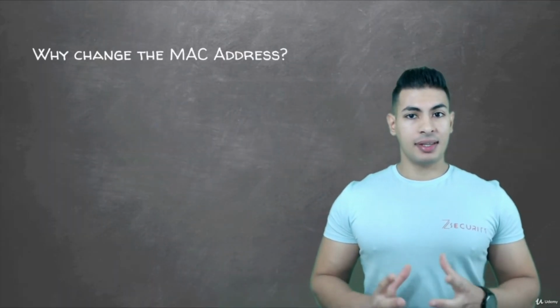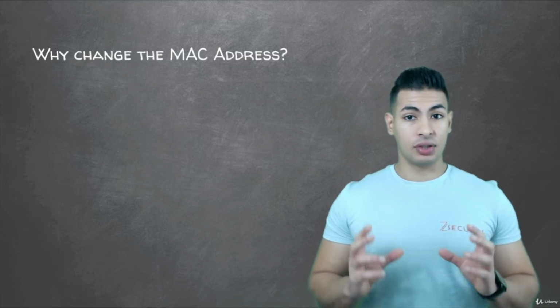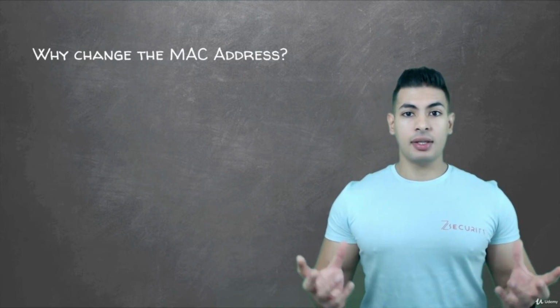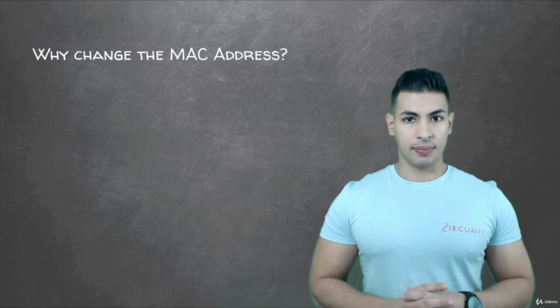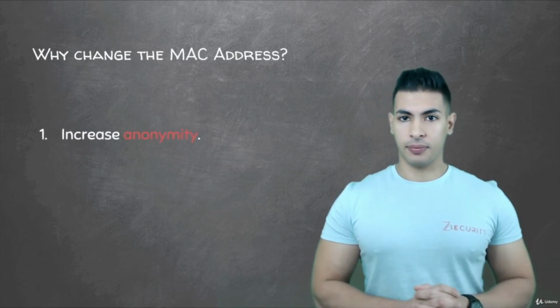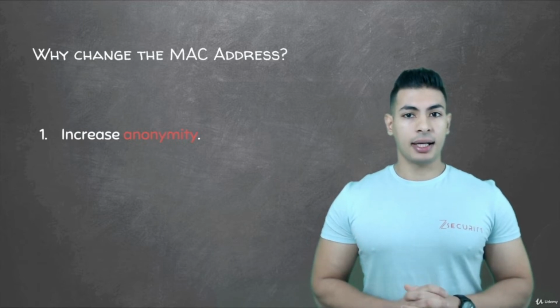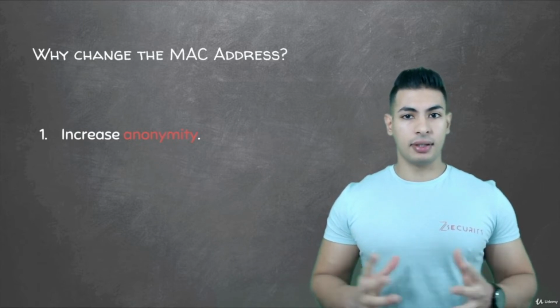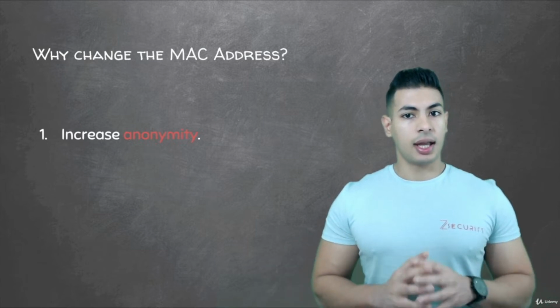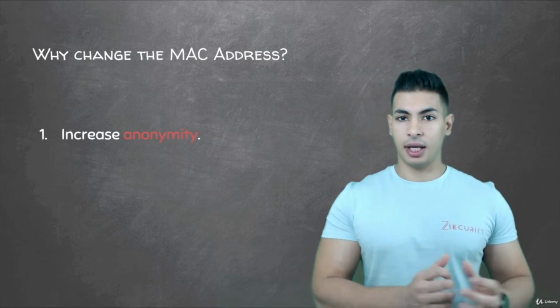Because this is a physical, unique address for each network device, and because it is used to identify devices, changing it will make you anonymous on the network. Not only that, but the MAC address is often used by filters to prevent or allow devices to connect to networks and do specific tasks on the network.